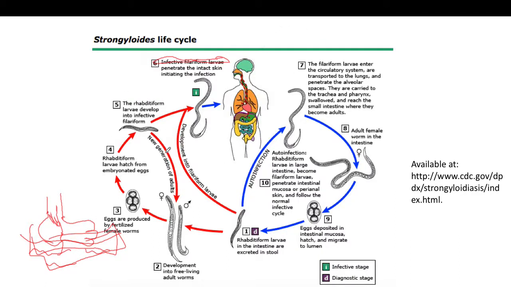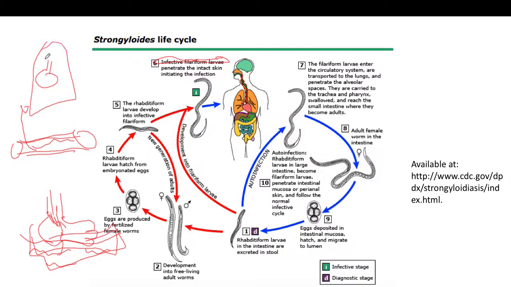Then after the larva has penetrated the skin, it goes to the circulatory system in the host, where it travels. Here goes the larva. This is a blood vessel, and it's going to reach the alveolar sacs in the lungs, and it's going to penetrate the alveolar sacs.